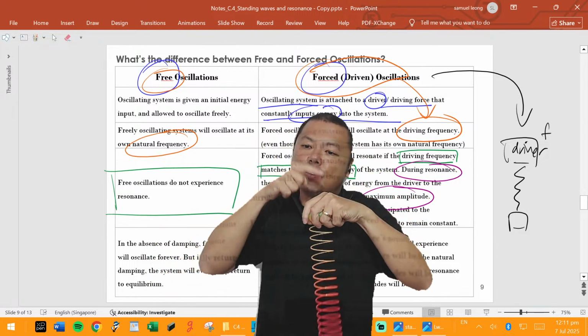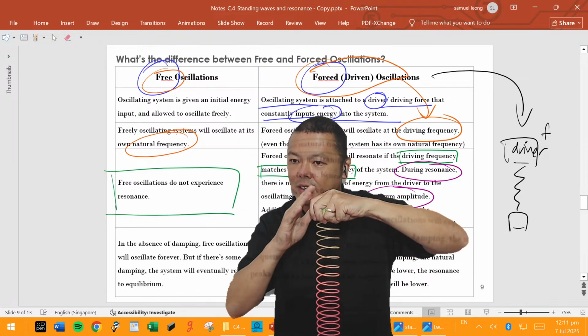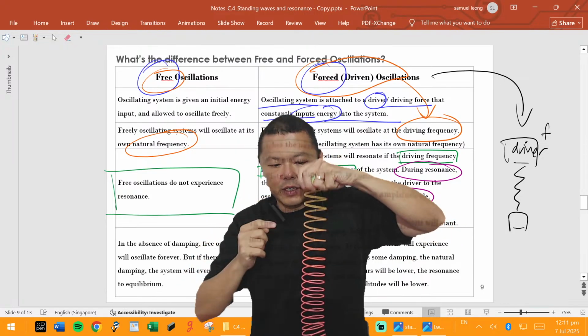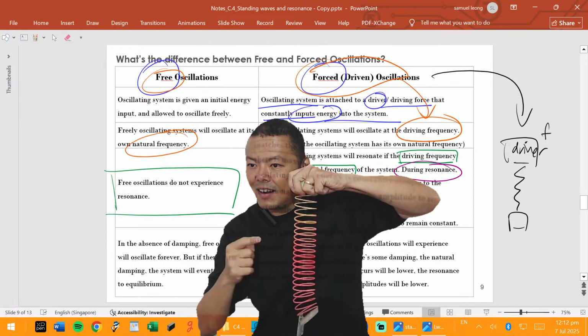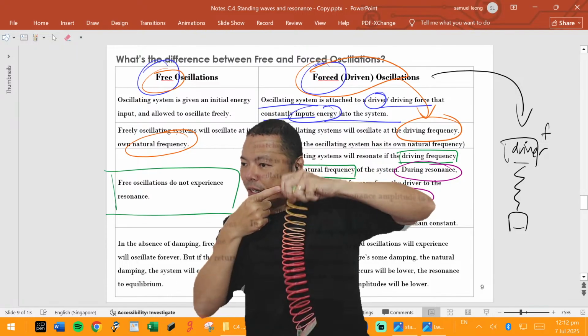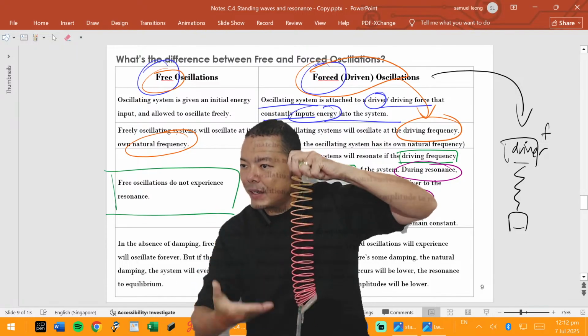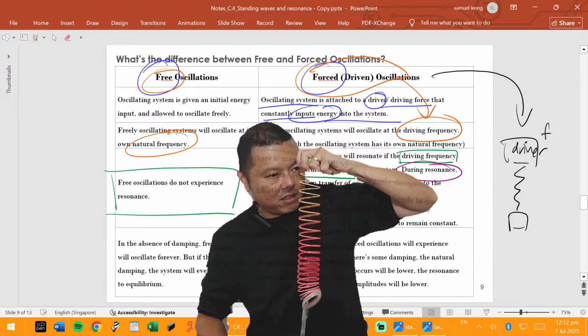What if I continue to increase the frequency? What if I do a very high frequency with my hand? See what happens when I do high frequency. Then there will be no resonance. Look at that. My hand is vibrating at a high frequency, but what's happening to the amplitude of the system? Nothing. There's no amplitude.